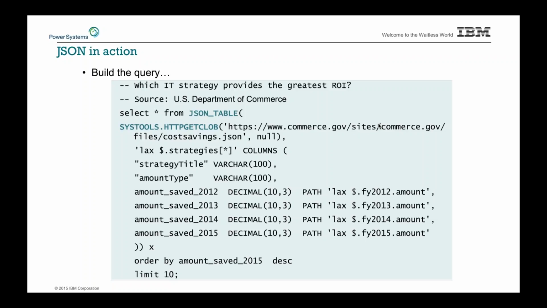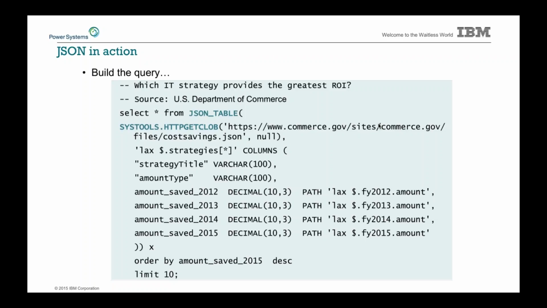So you can see I've got a URL listed in this particular JSON table query. I'm doing a select from JSON table, that's our new function that we delivered. I'm specifying that I want to get an HTTP CLOB, where I'm calling some website which is going to deliver JSON information to me.